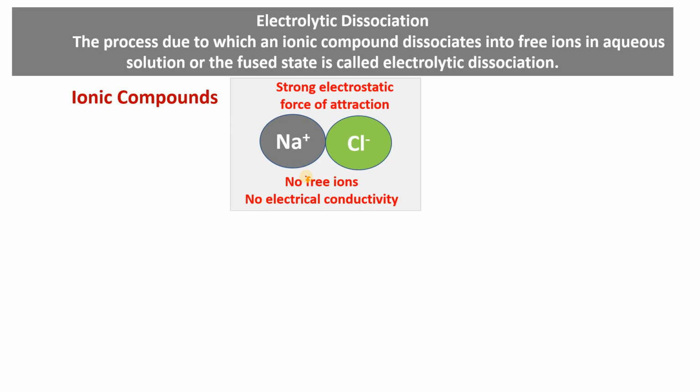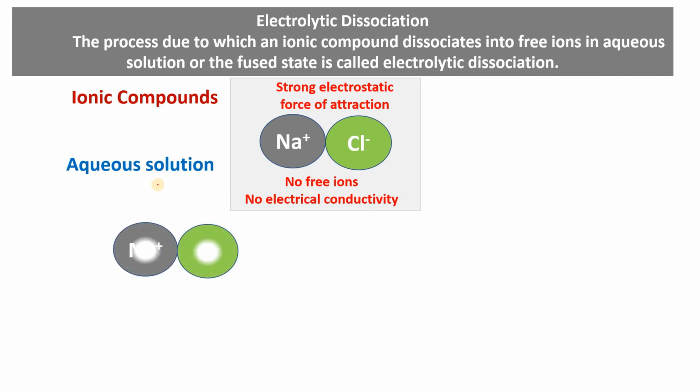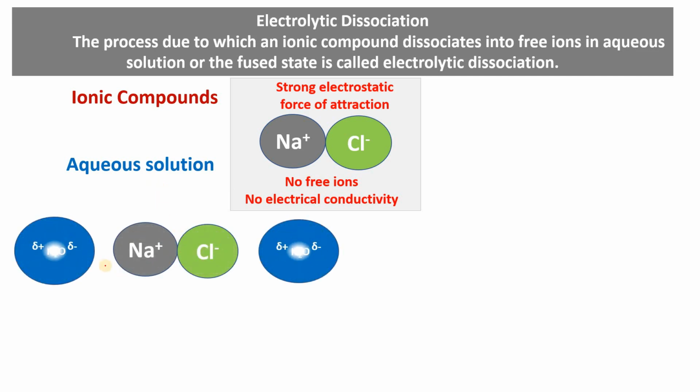But when this ionic compound is added in water, they form an aqueous solution. Now, when sodium chloride is added in water, we know water is a polar compound, which means it has poles of opposite charges, but the charge is very, very small.